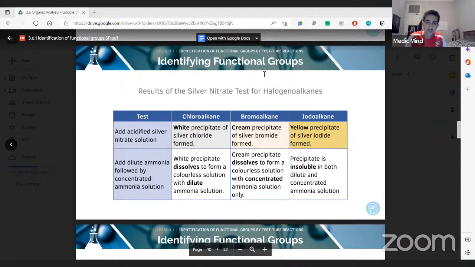Is the sodium hydroxide used to remove carbonate ions? No, the sodium hydroxide is used to remove the halogens. It's basically used to free up the halogens by substituting the hydroxide ion in place of the halide ion. That's the idea.